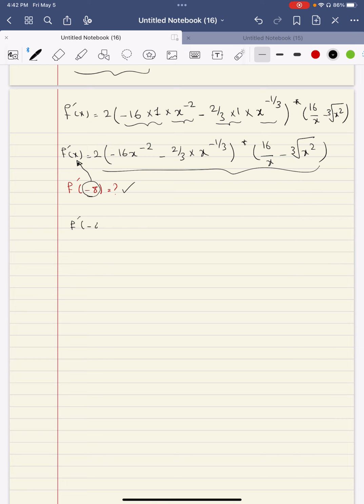F prime of negative 8 would be 2 times negative 16, I'm rewriting what I have, times x to the power of negative 2, where x is negative 8 based on the question, minus 2 over 3 times x, negative 8 again, to the power of negative 1 over 3, times 16 over x, or negative 8, minus the cube root of x, or negative 8, to the power of 2.